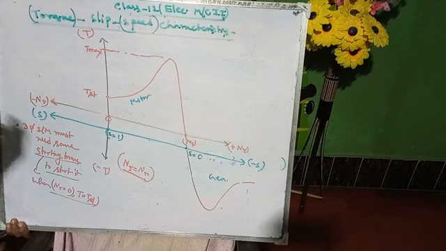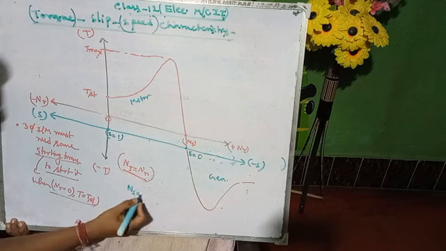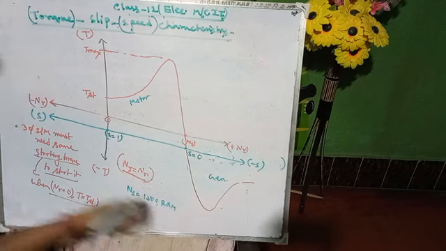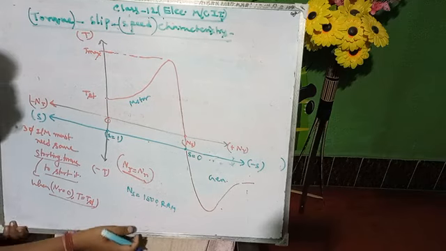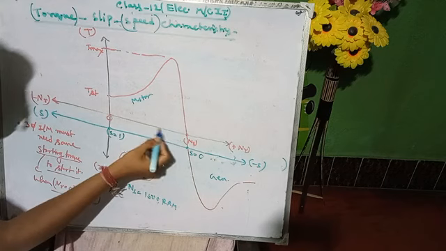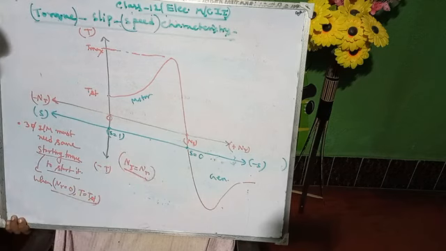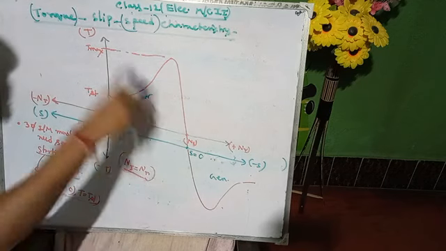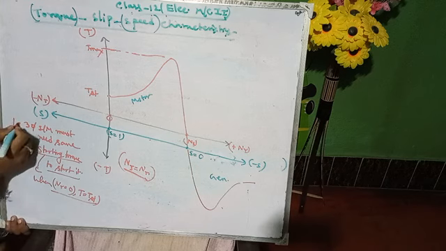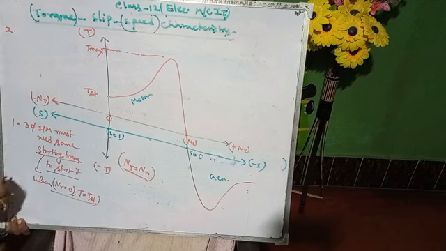Suppose, for example, we take ns equals 1500 rpm. Now write some points over here. The first point is here, then the second point.